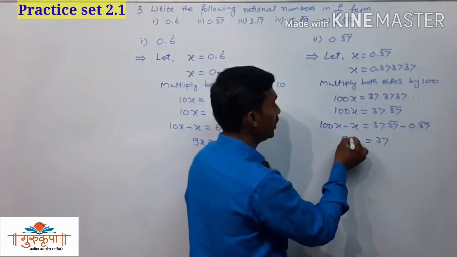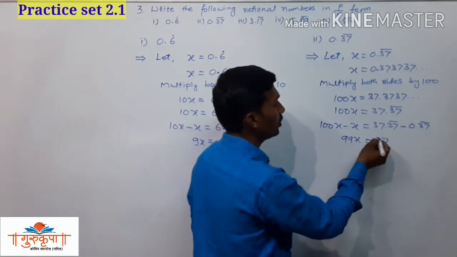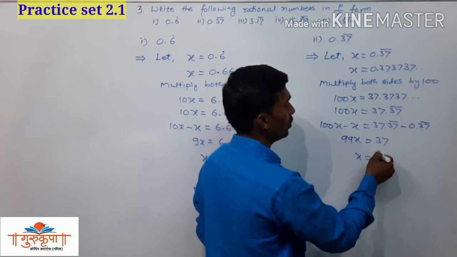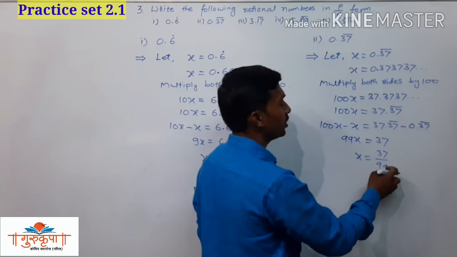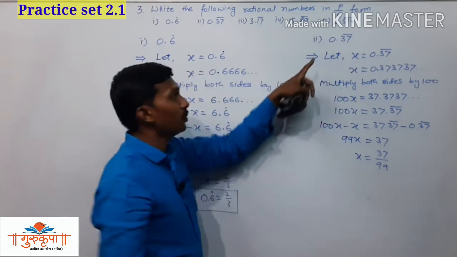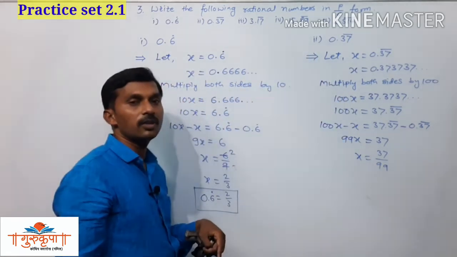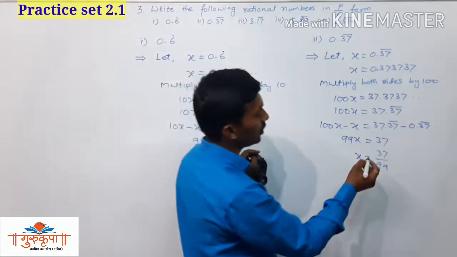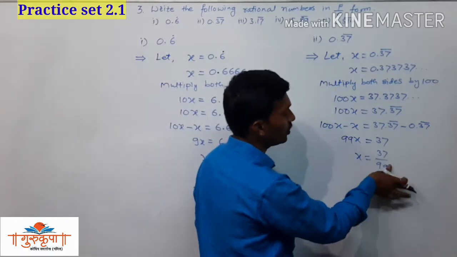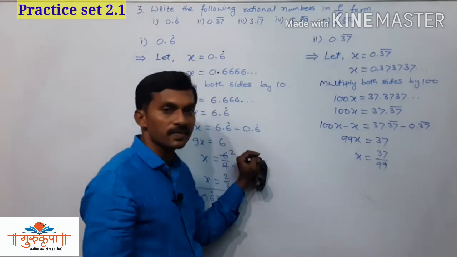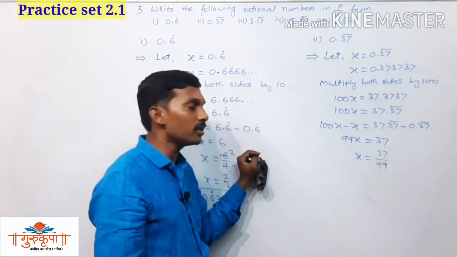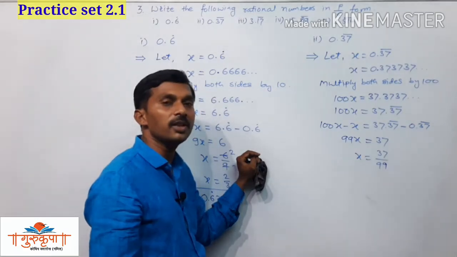So here we get 99x is equal to 37, and x is equal to 37 divided by 99, which is the P upon Q form of the given decimal form. Now here again check whether 37 and 99 are divisible by any number. Since 37 is a prime number, both are not divisible by any other number.